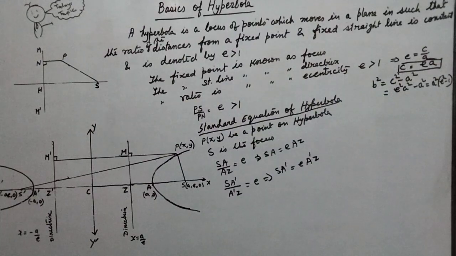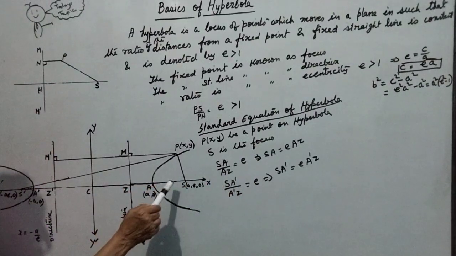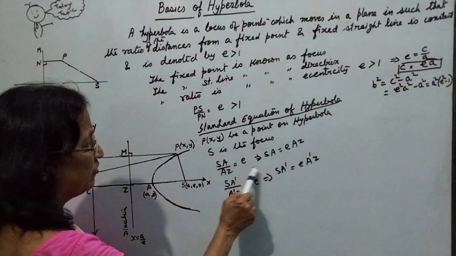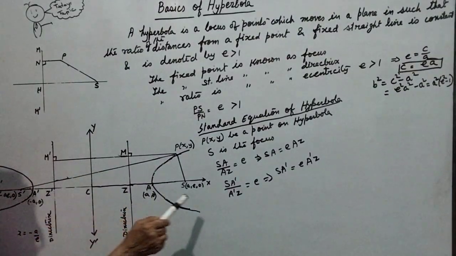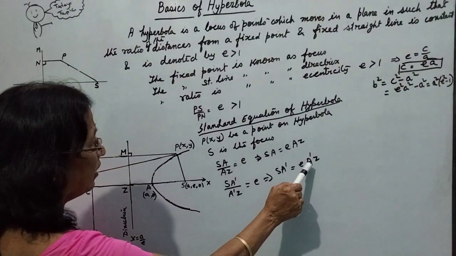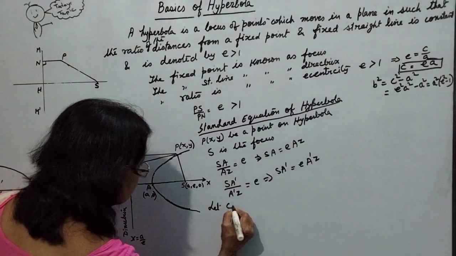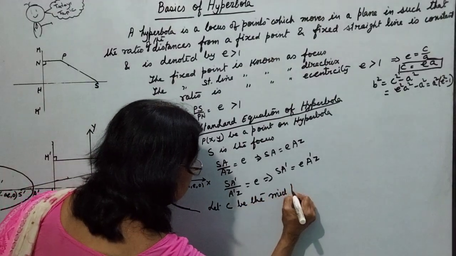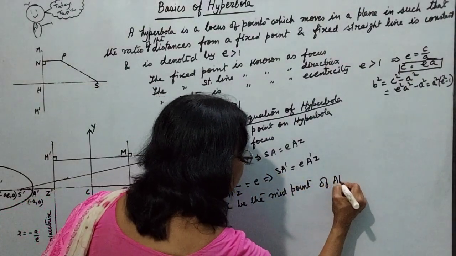So what we have taken: P(x, y) is a point on the hyperbola, S is the focus. So SA divided by AZ is equal to E according to the definition. SA is equal to E into AZ. Similarly, SA dash divided by A dash Z is equal to E, so SA dash is equal to E into A dash Z. Now let's see with the point A dash.